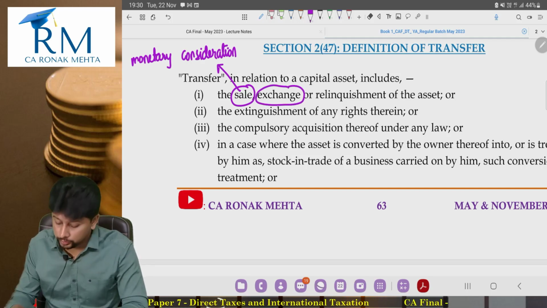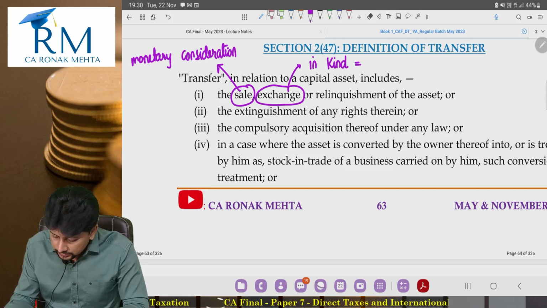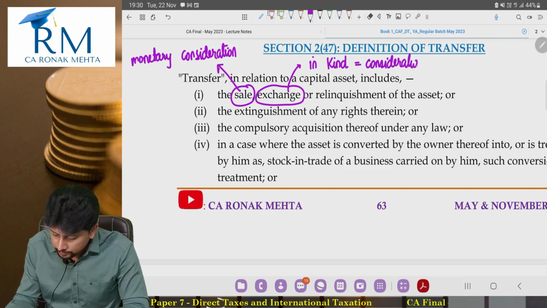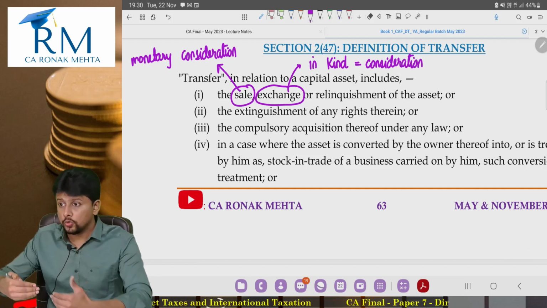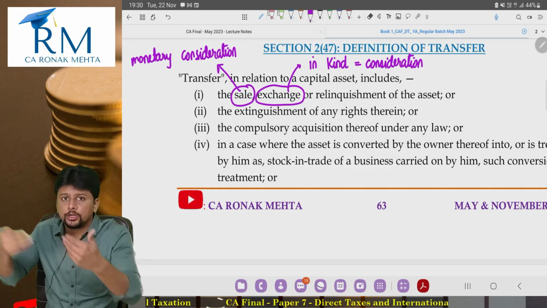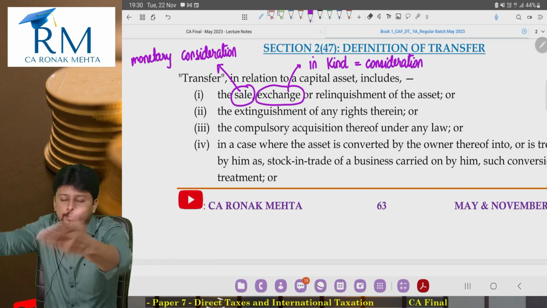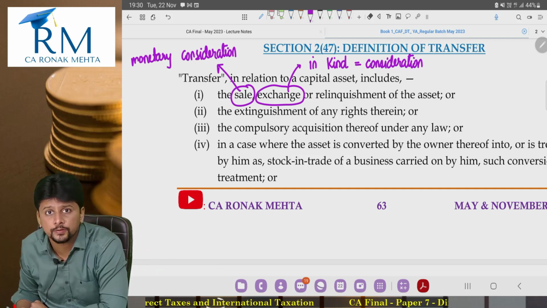Exchange, so which means you are giving up a capital asset, but you are getting something in kind as your non-monetary consideration. But definitely that means you are giving up your capital asset, and instead of getting a check, say for example a check of 2 crores, you are getting an asset worth 2 crores, but you have given up your asset, so that is included in the definition of transfer.